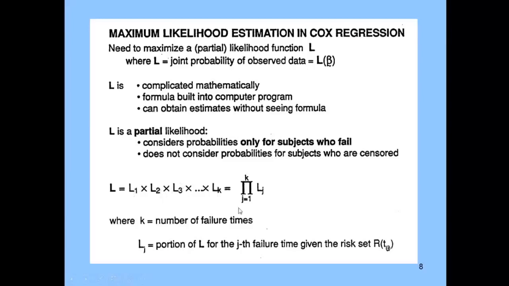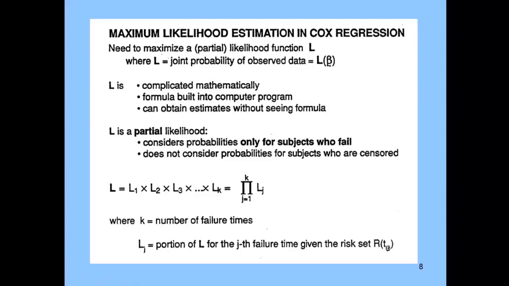What allows you to write the product? Remember, the probability of A and B was the product of probabilities. So what are you assuming here? Well, it's not exactly independent.